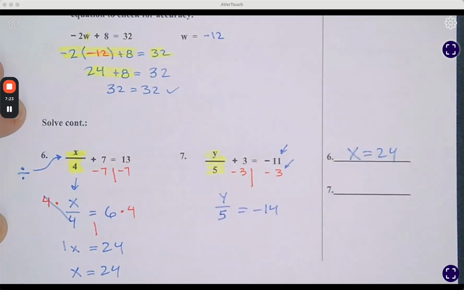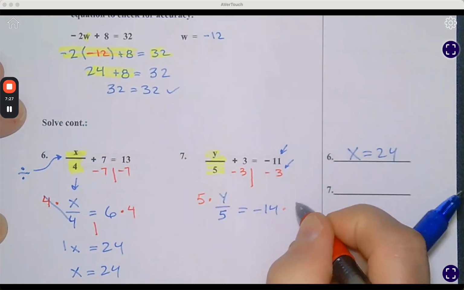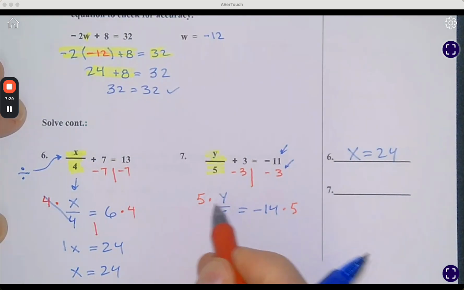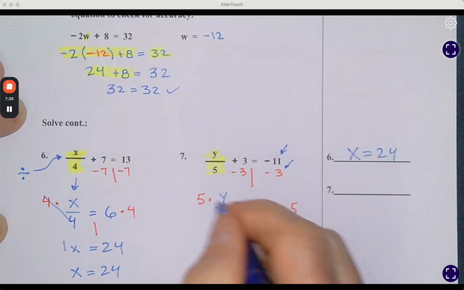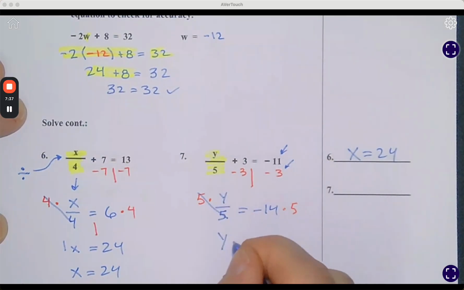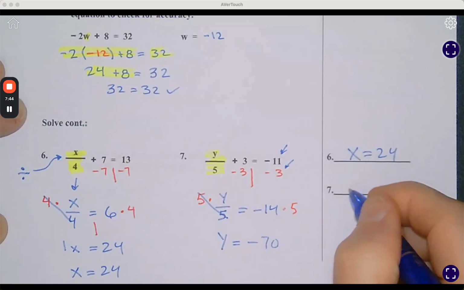Now I'm going to do the inverse operation for division. That is multiplication. Notice how I put it with the top, because when I multiply a number, I multiply by the top. 5 divided by 5 cancels out. I have 1y equals negative times a positive is a negative 70.